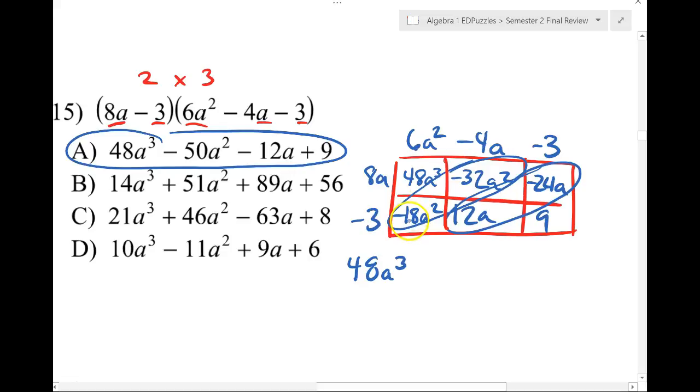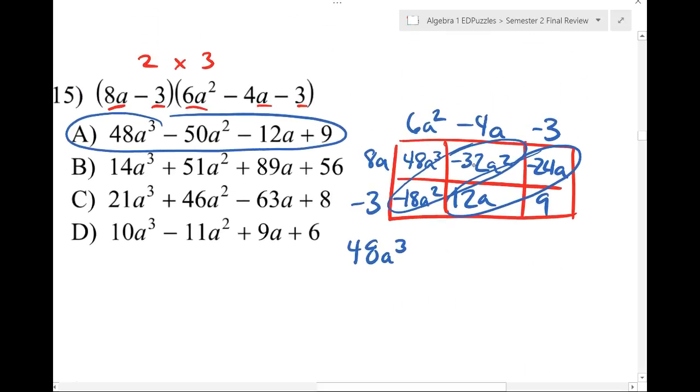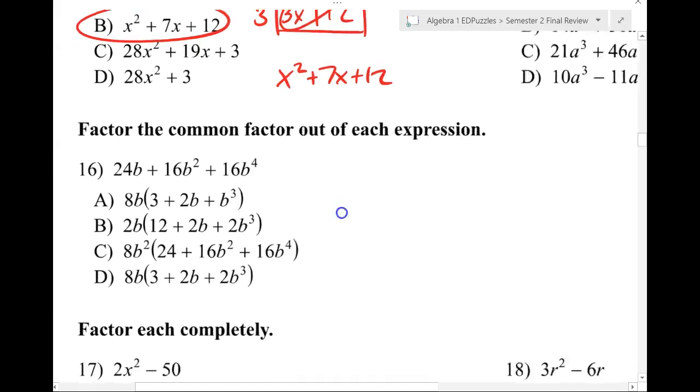Okay, so now negative 18 plus negative 32 is going to be minus 50a squared. And then 12 plus negative 24, or basically minus 24, is minus 12a. And then write the last term 9. Okay? And again, you didn't have to do all those extra steps. You could have recognized right away that the 48a cubed was the first term, and then you're done.